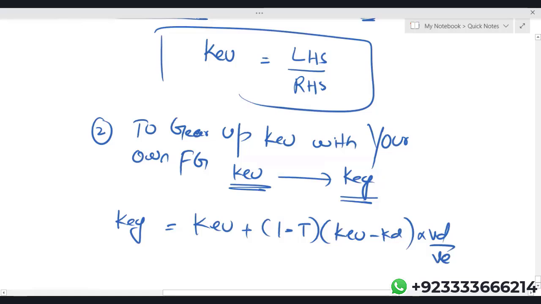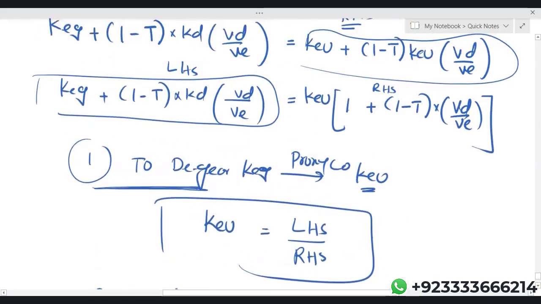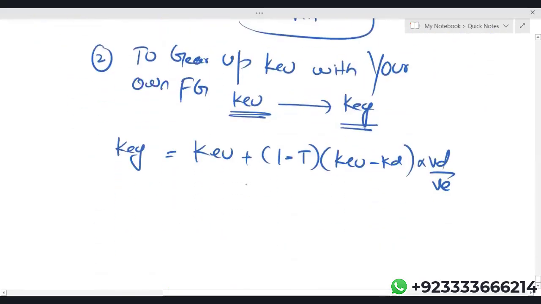Let me repeat. For calculating KU, you will be using the rearranged formula, the left hand and right hand side. Once you have calculated the KU, then you will be using the first equation, a simple equation. That is KEG is equal to KU plus 1 minus T and KU minus KD.